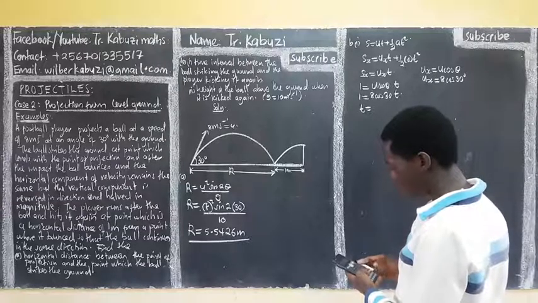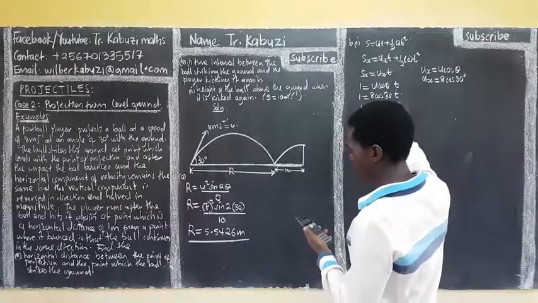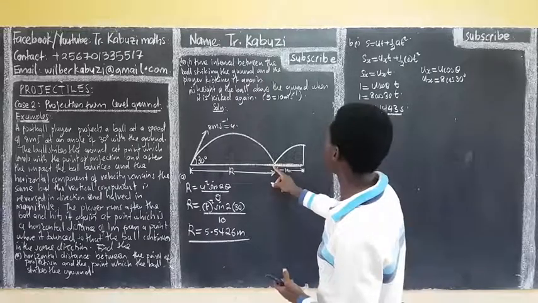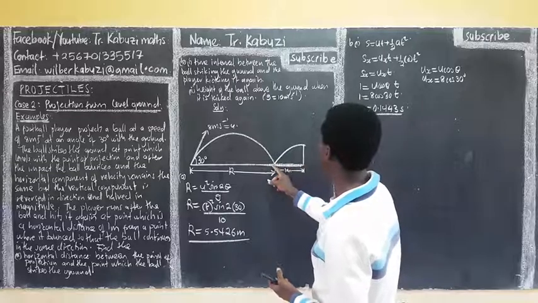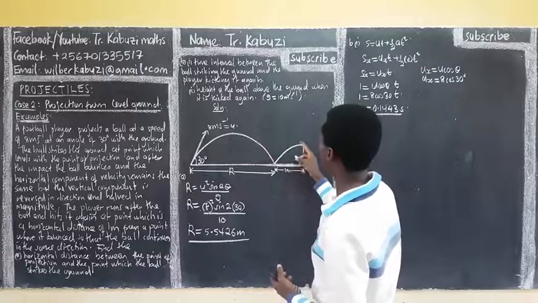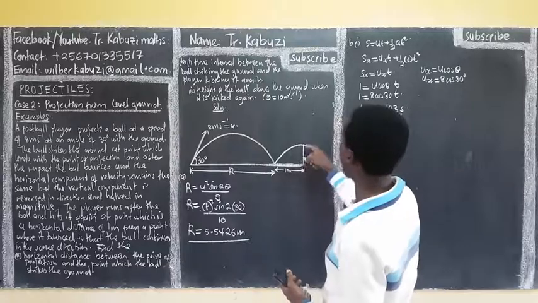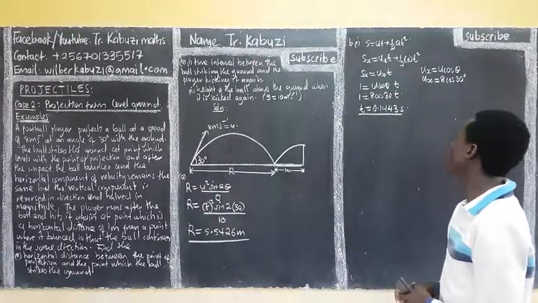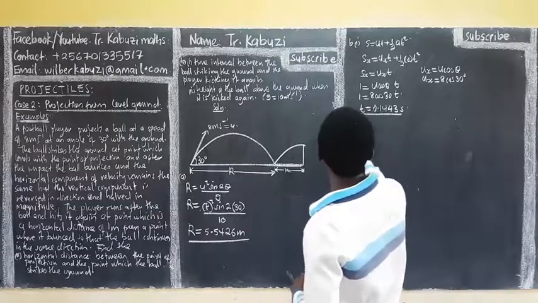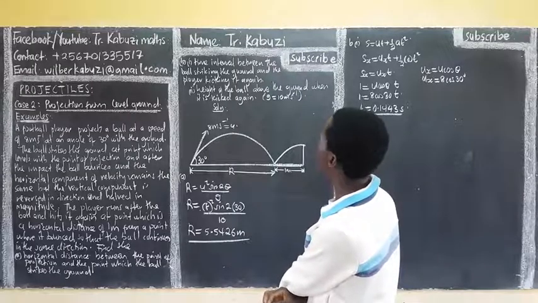So here I'm getting 0.1443 seconds. It means that when this man is striking the ball again, the time that elapsed, because this man had covered this distance, means that the ball had covered this distance. So from here up to here, the time that elapsed to cover and hit it again was 0.1443 seconds.